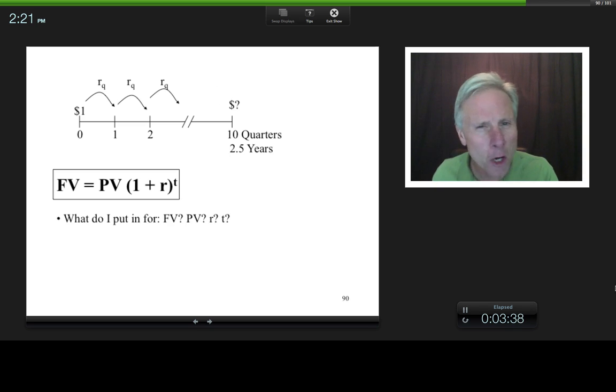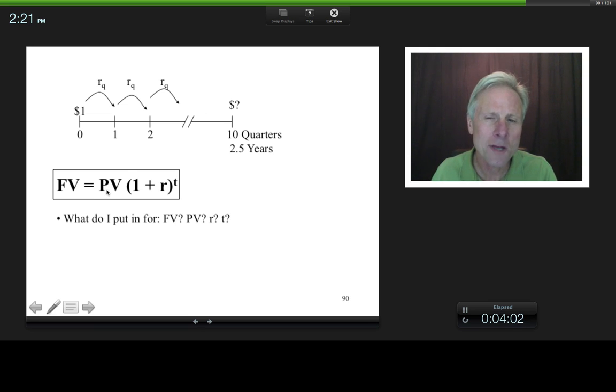So using the only single cash flow formula that exists, the one that you proved to me you already knew is this guy right here. So which numbers go where? What do I put in for FV? Well, that's what I'm trying to figure out, right? I'm trying to figure out a later value.